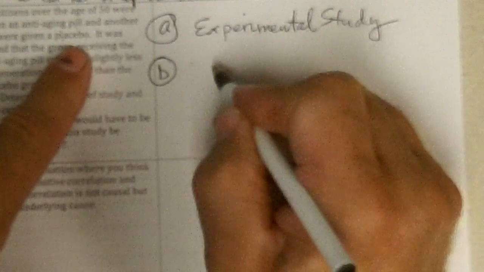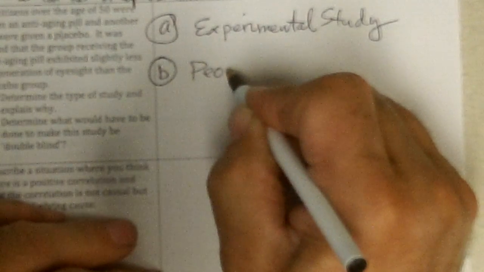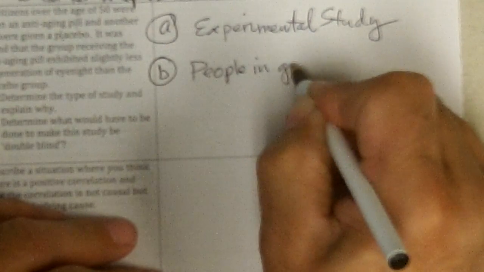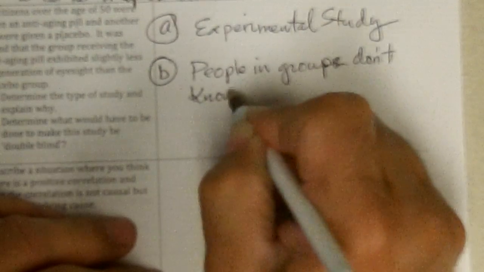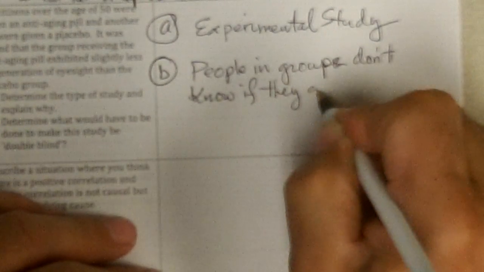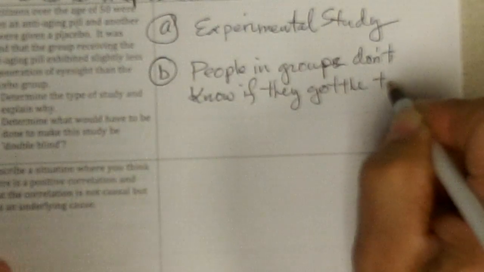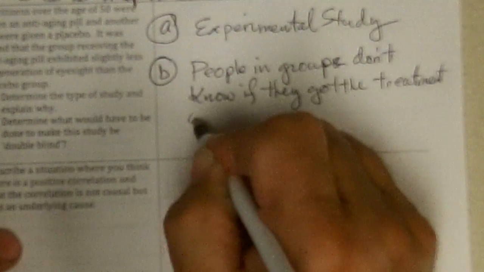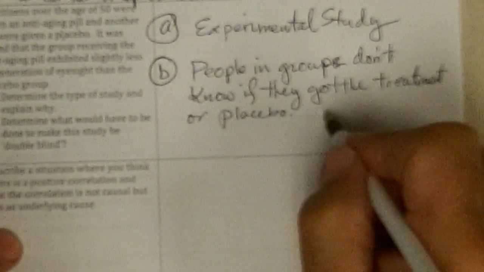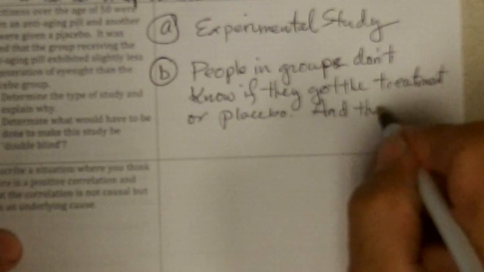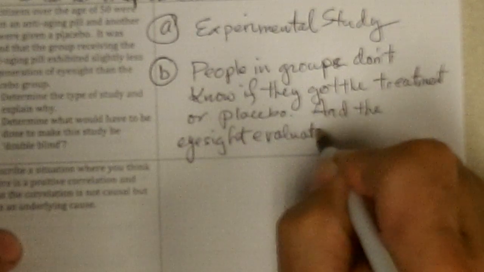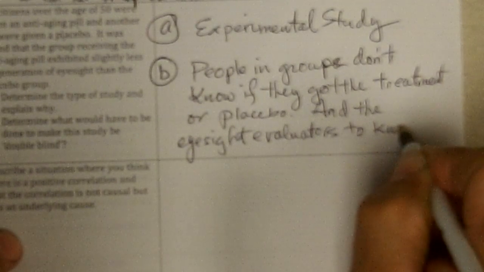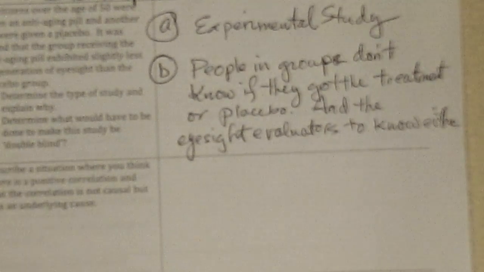To make it double blind, the people in the groups don't know if they got the treatment or placebo, and the eyesight evaluators don't know either. Okay?